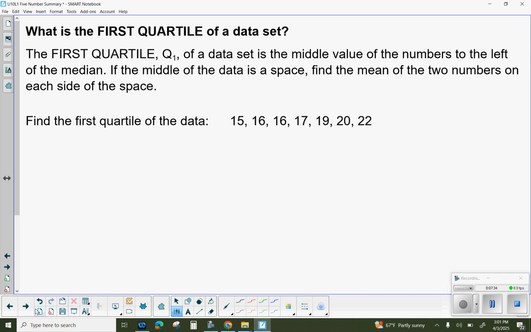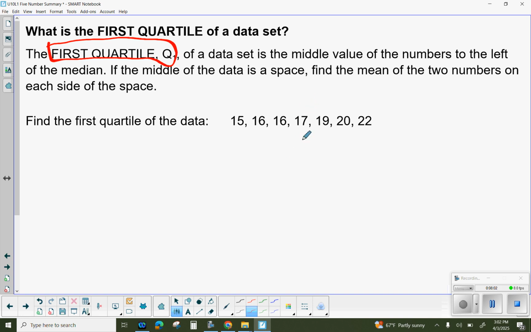Okay, now we're going to talk about quartiles. I know we've covered a lot of words, but a quartile is basically just another median. So first quartile is a median of the lower and the upper part.